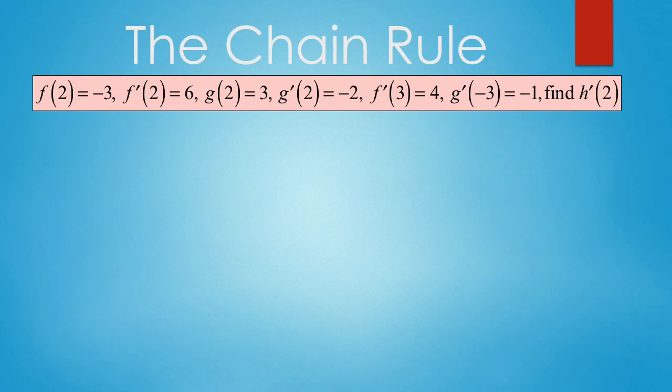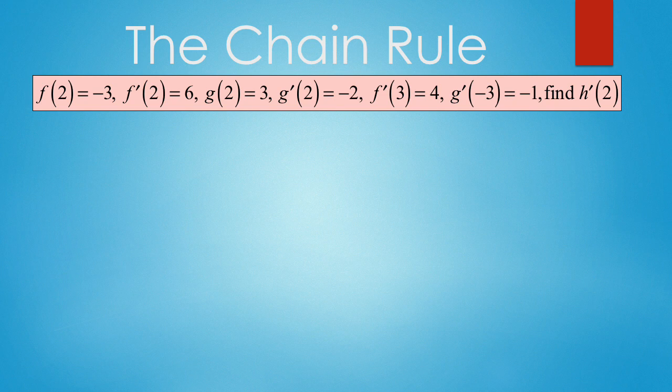Sometimes differentiation problems can be constructed that minimize the algebra and just concentrate on the calculus. This type of problem is shown here. We are given two functions, f and g. We're told that f of 2 is negative 3 and f prime of 2 is 6.